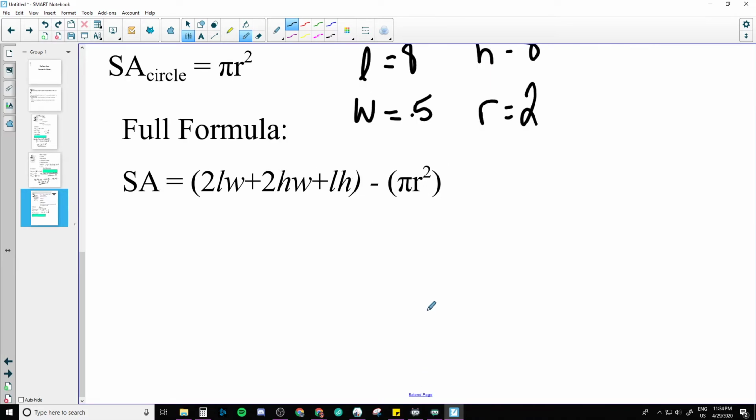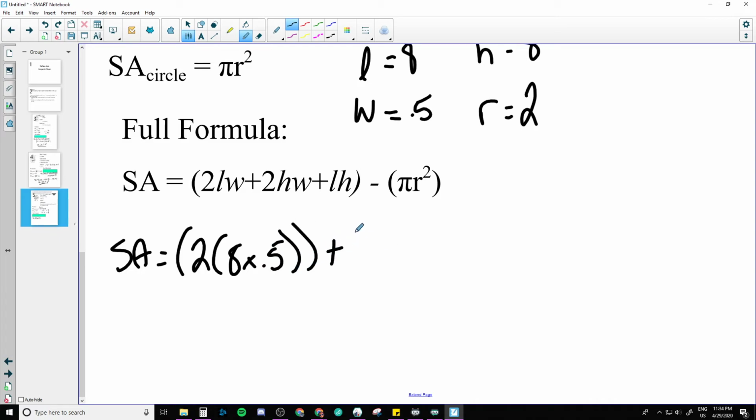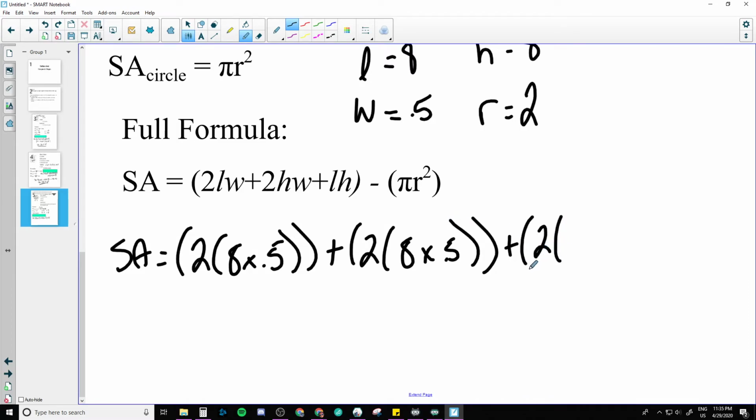So now we can put this into our formula. SA equals 2 length times width. So 8 times 0.5 plus 2. This is height times width. So 8 times 0.5 plus 2, or this is not 2. See, I'm on autopilot. Really important to remember this.